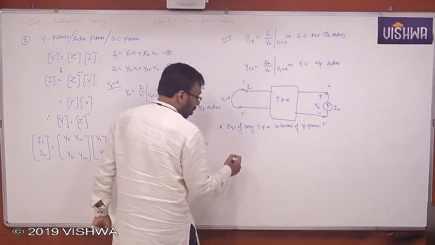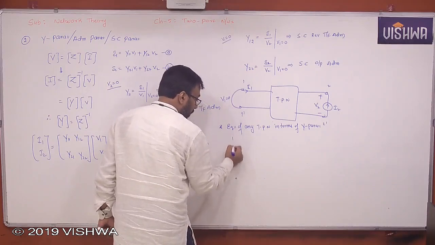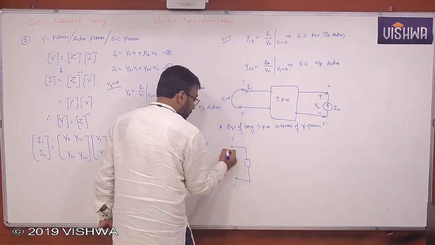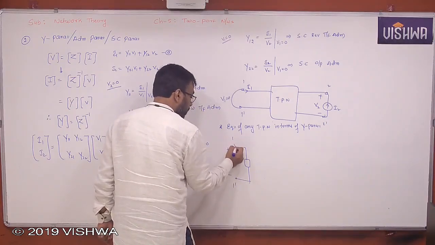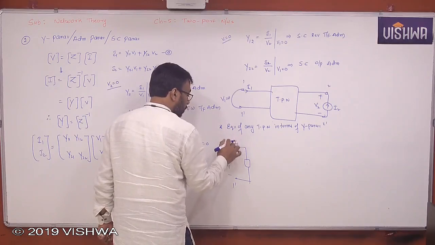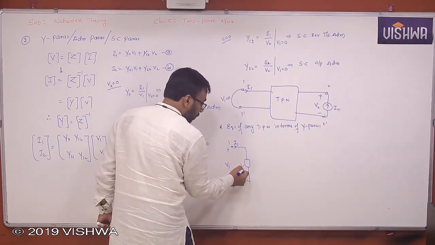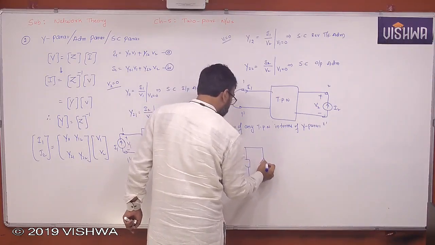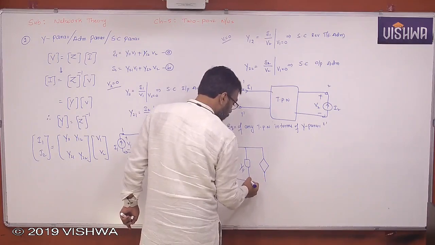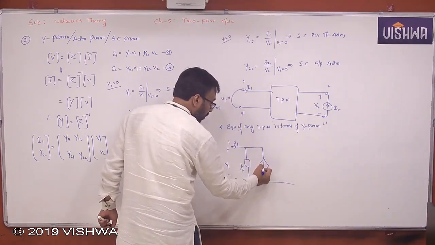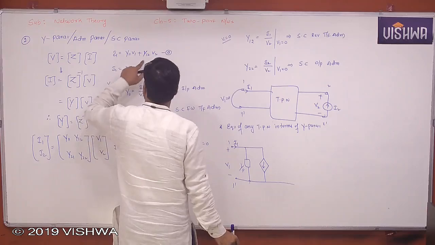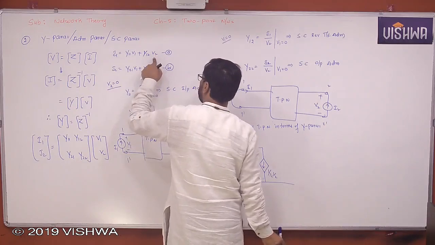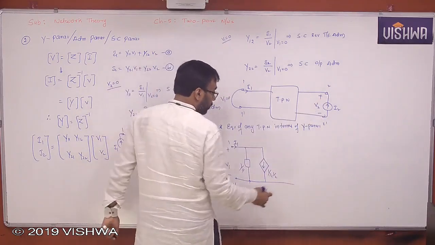So I go for a parallel combination on the input port side. I have V1 here and this is I1, yes or no? The current here is Y11 into V1. What is the current flowing here? Y12 V2. I am taking the help of a dependent source because V2 is the one term which is related to the output port.